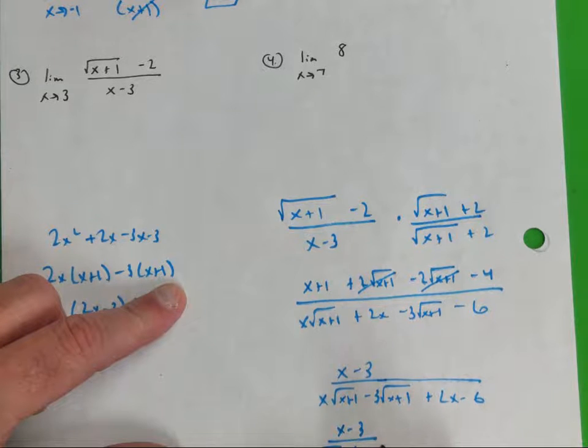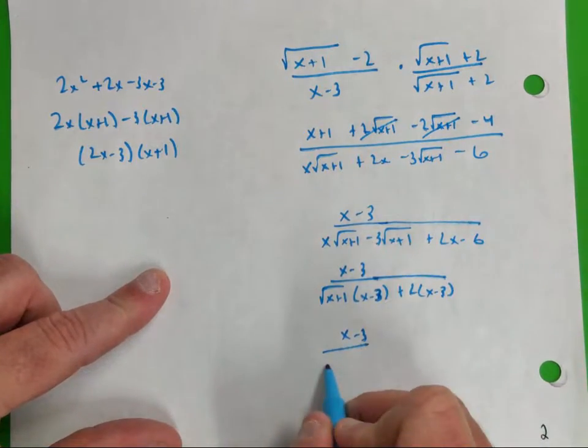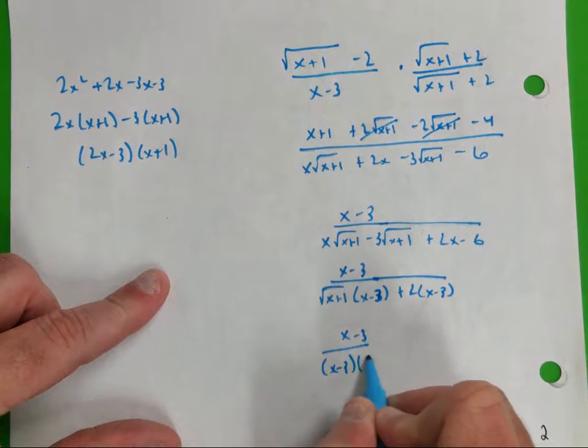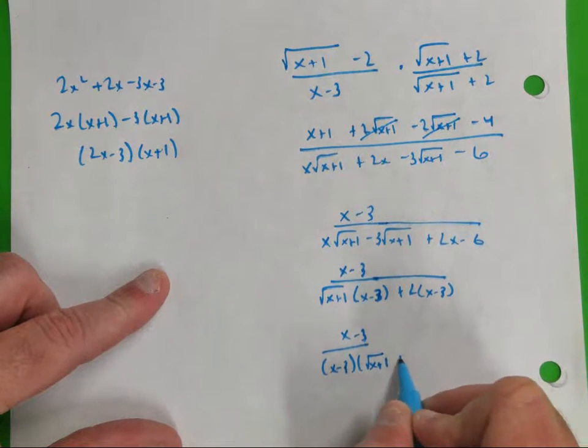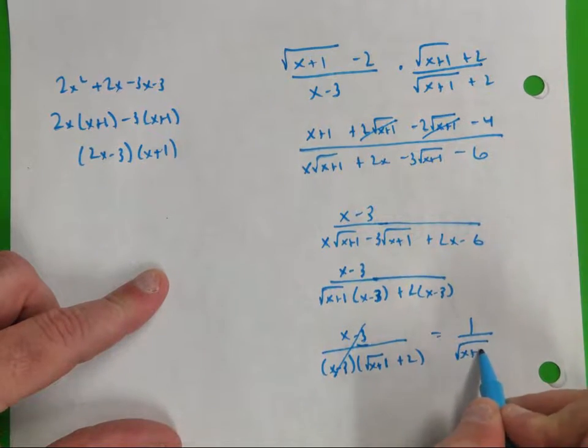That leaves x minus 3. Cancel that out. That leaves a 1 over all this.